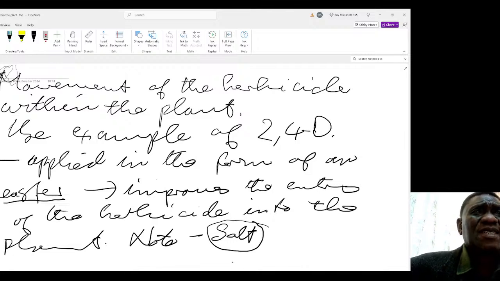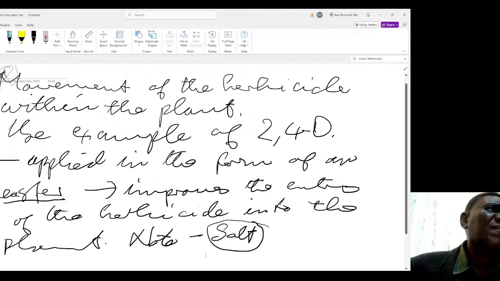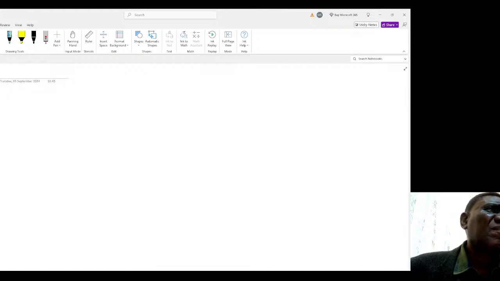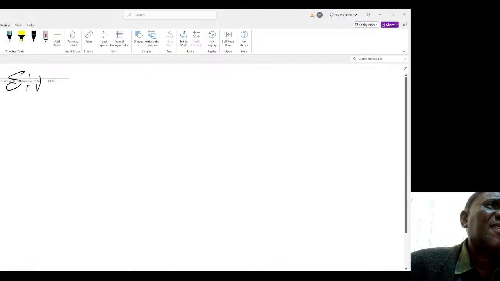But before it can kill the plant, it has to reach the site of action.